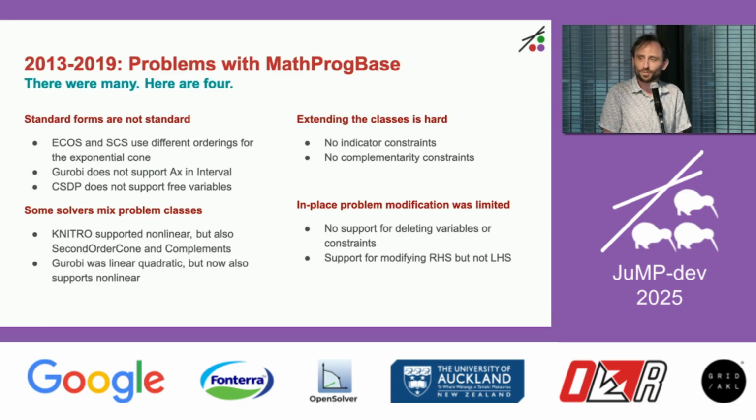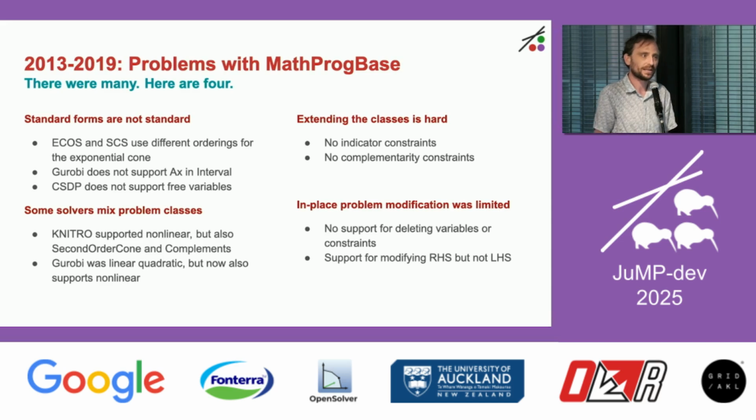But there were many problems with MathProgBase. The first thing, if you've ever looked into the details of solver APIs, is you realize that even though there's kind of standards, there is no standard. And the closer you looked, the more differences you found. So even like the exponential cone, ECOS and SCS have a different permutation of the order in which they expect the exponential cone.